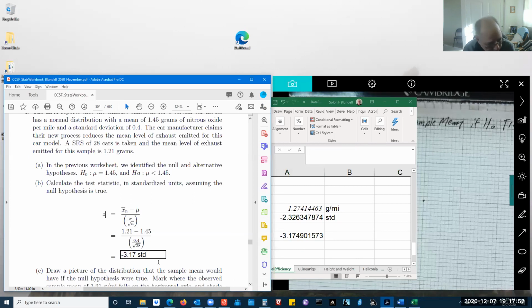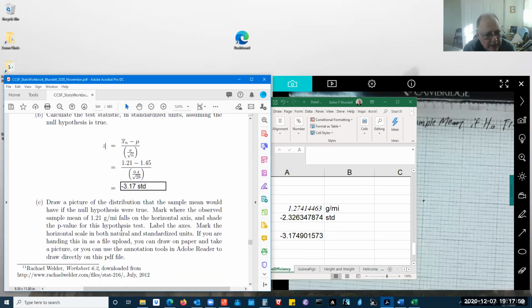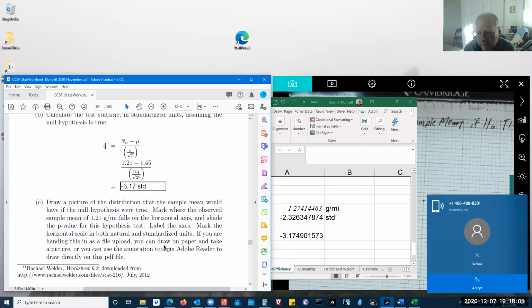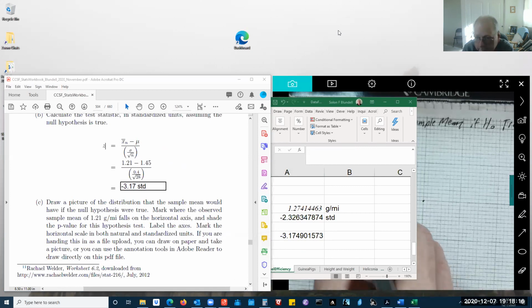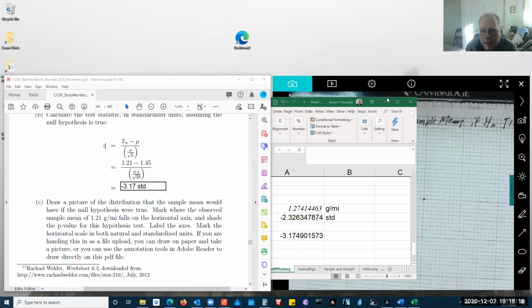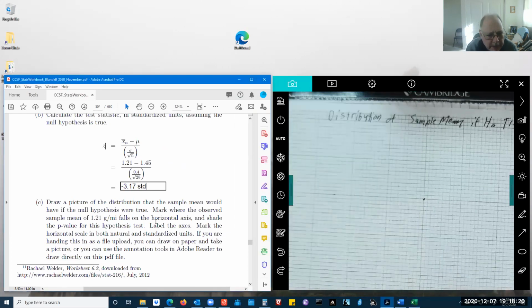Okay. Now they're asking us to draw a picture of the distribution that the sample mean would have if the null hypothesis were true. And it says to label the axes and mark the scale in both the natural and standardized units.